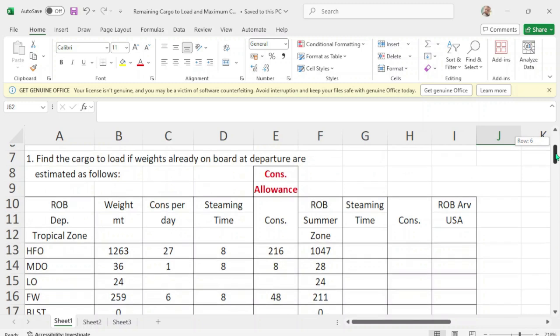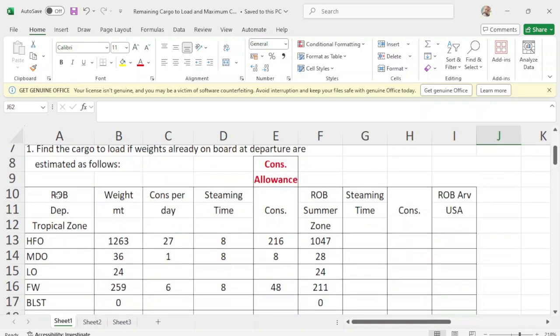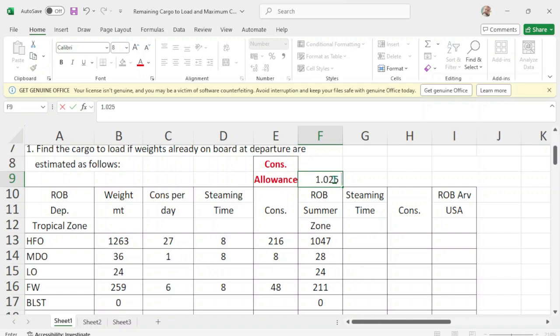You come from, let's say, the tropical zone of this port, and you go into the summer zone, from your departure berth to the boundary of the summer zone of density 1.025 tons per cubic meter. So this is the boundary.